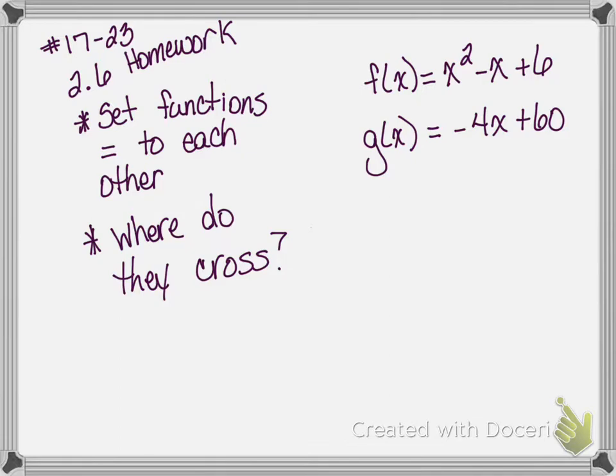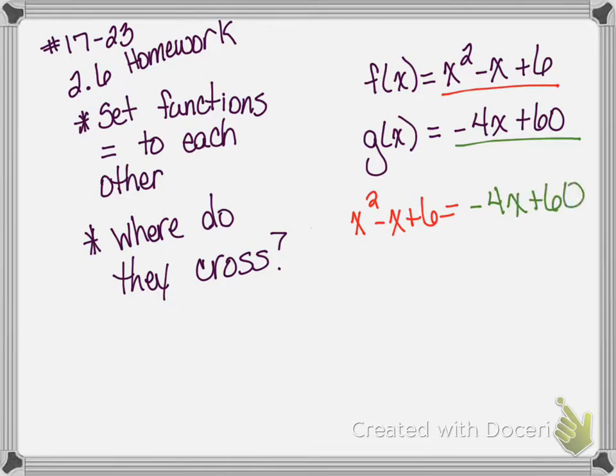So on your homework 2.6, numbers 17 through 23, what you're doing is setting the two functions together. And what we are trying to determine is where these two functions cross each other. I'm going to show you what that looks like, but we're going to do it algebraically first. So I'm going to take this function, x squared minus x plus 6, and I'm going to set it equal to this function.